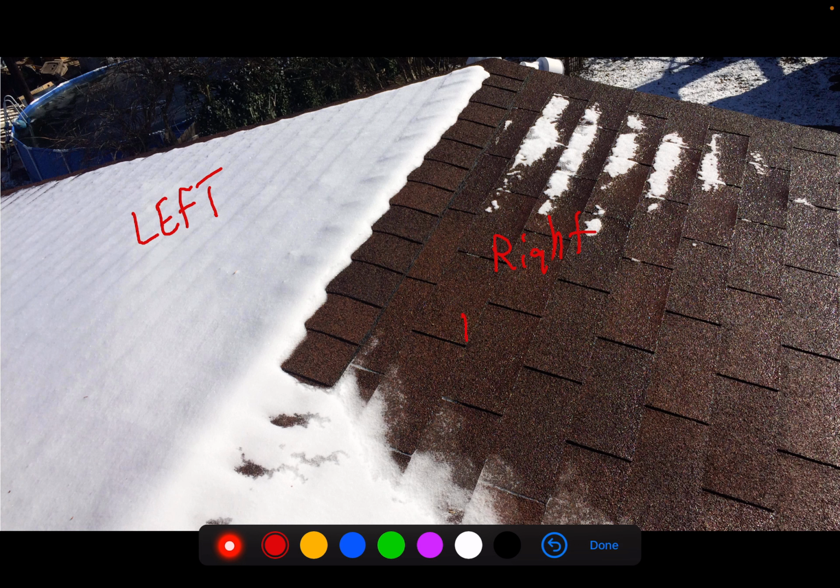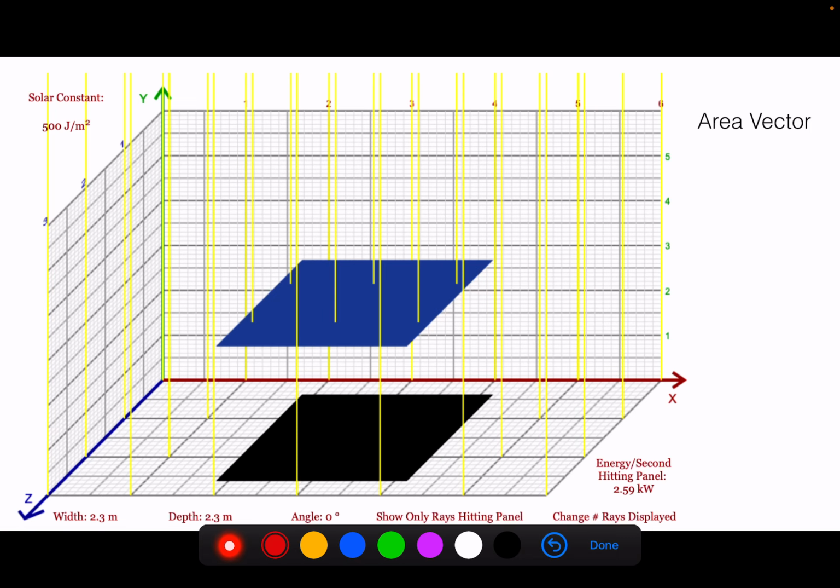It's because this side has a higher flux based on the angle. This one is angled away from the sun, so it's got a lower flux. So even though we have the same solar constant and the same area, we also have to worry about angle. We want to angle it toward the sun to collect the most energy.